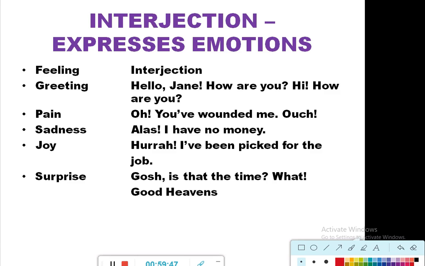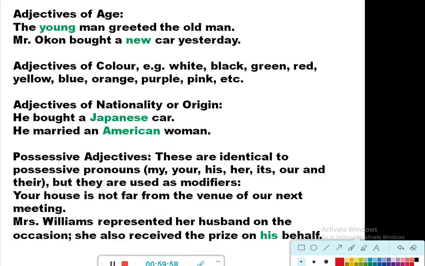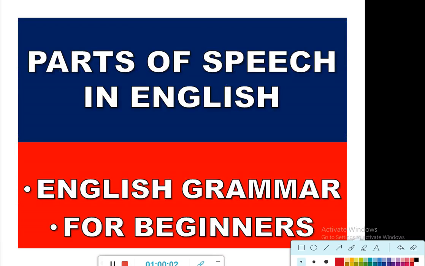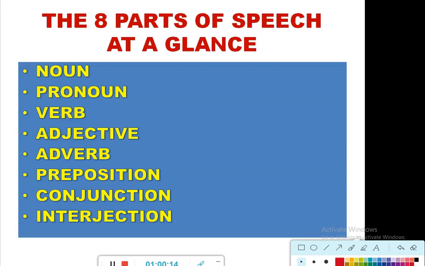Alright? So that is how it has been in today's video lecture. We have been looking at parts of speech in English, and we have looked at the various parts of speech. Of course, we looked at what parts of speech mean, and then we looked at the 8 parts of speech at a glance.